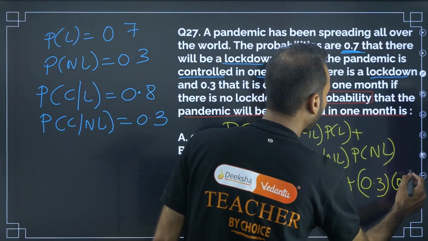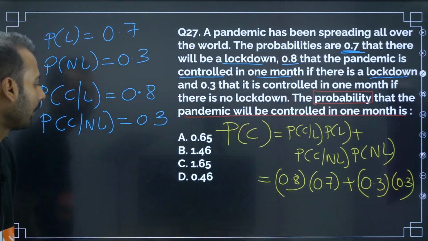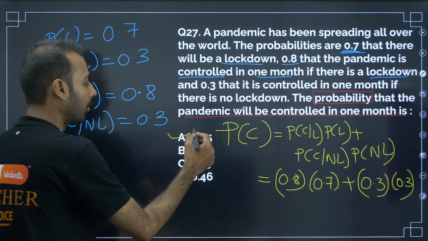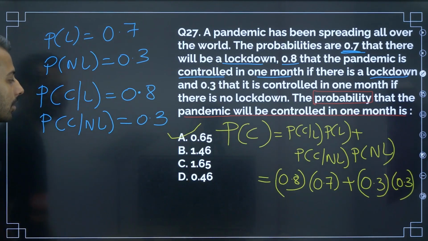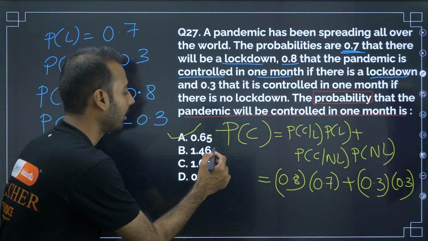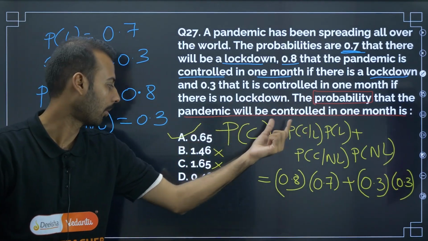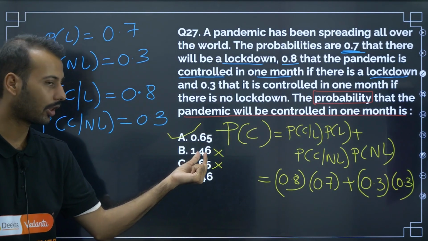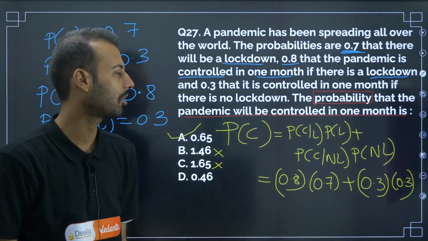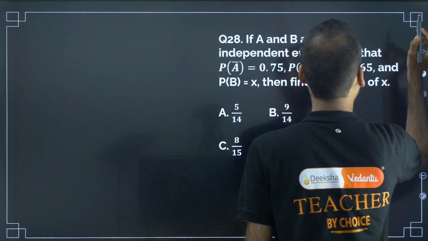If I simplify everything, I will get 0.65 as the answer. In any worst case, you should never get more than one, because they are talking about probability. How can probability be more than one? Not possible. Moving on to the next.